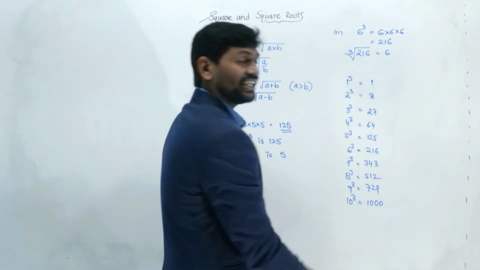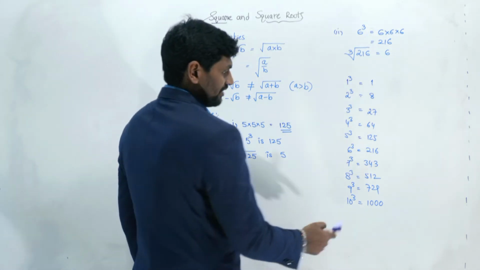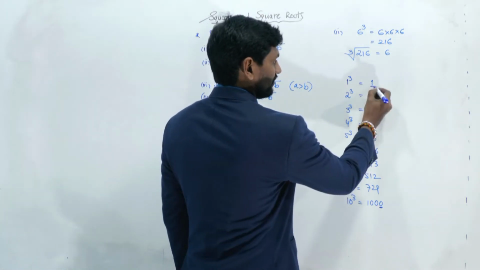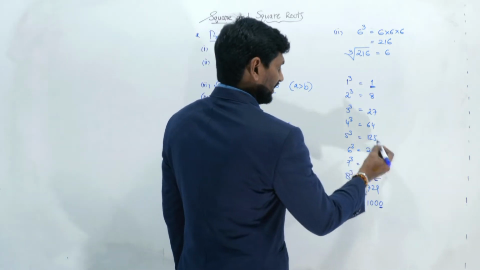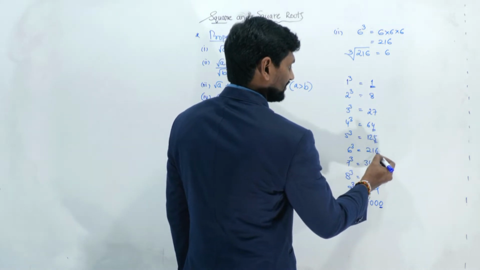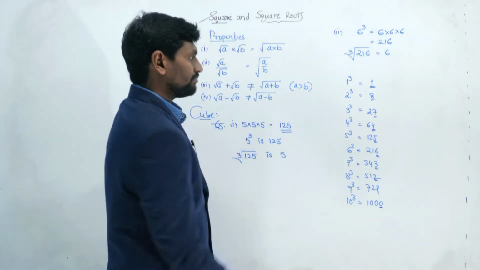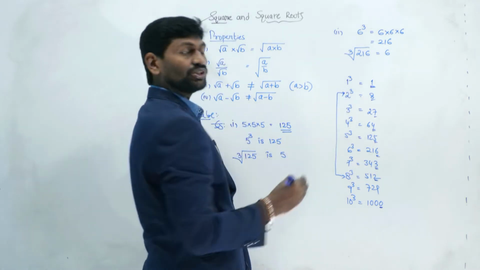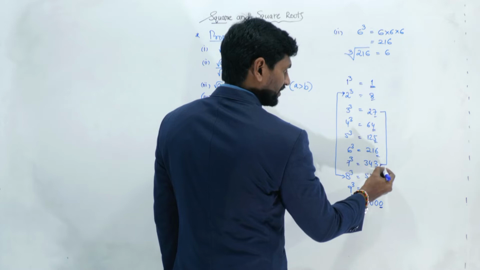Now just identify all the unit place digits from 0 to 9. 0 is there. Next, 1 is for 1 cubed, 2 is for 8 cubed, 3 is for 7 cubed, 4 is for 4 itself, 5 itself, 6 itself. While observing, 2 cubed ends with 8 and 8 cubed ends with 2. And 3 cubed ends with 7 and 7 cubed ends with 3.